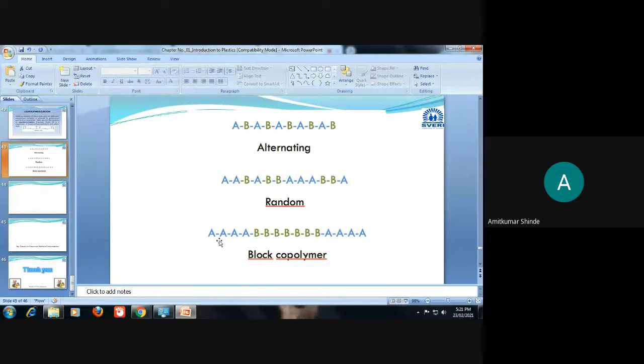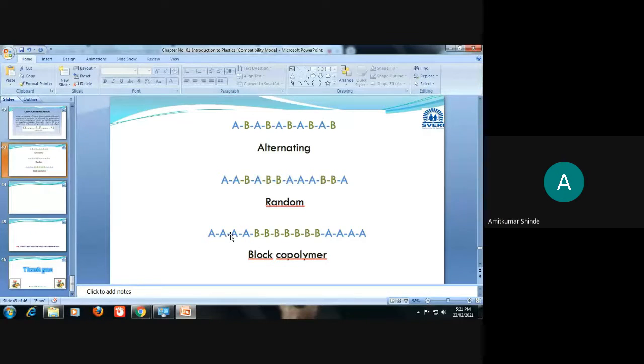It will be very similar to the block copolymerization, but in the block copolymerization, the attachment of the blocks is in the linear way. And in the graft copolymerization, the attachment may have some branches. This A will get attached horizontally, then this vertical one bond will be there.